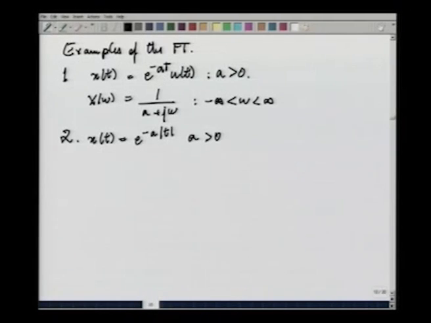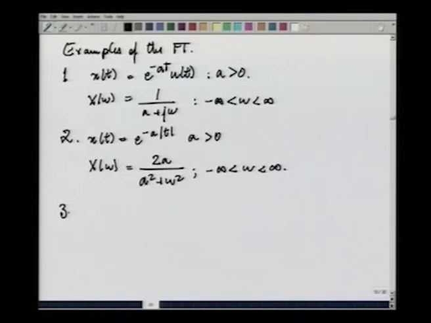In fact, the reason is the same as for the previous example, and X omega comes out to be, under this assumption, 2a by a squared plus omega squared.